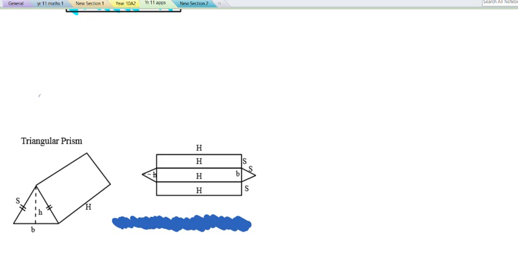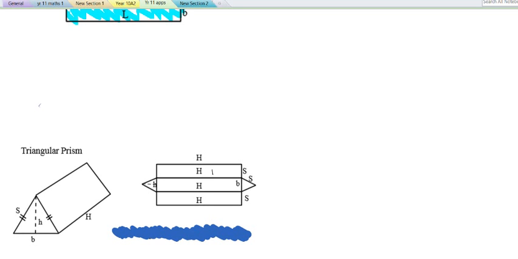Alright, so what if we wanted to calculate the surface area from that net? A nice systematic way of going about this is to label each individual shape in the net. So say for example we label them 1, 2, 3, 4, and that one can be 5.